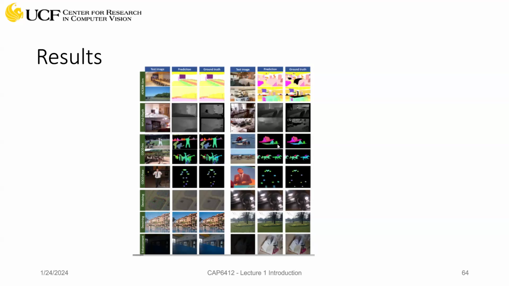They go through in the paper in detail, if you are interested, how to formulate all these problems as image in, image out. So yes, you can get exactly the same output that a specialized instance segmentation method will give you.